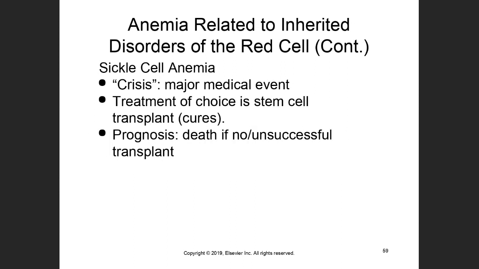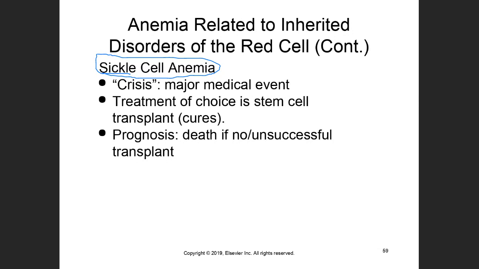Let's keep going. Also, that disease is common in Africa, okay? It's endemic in Africa, due to an endemic disease in Africa that is malaria. Okay, malaria is endemic in Africa, and people with sickle cell anemia have protection against malaria. Okay, those people are resistant to malaria.